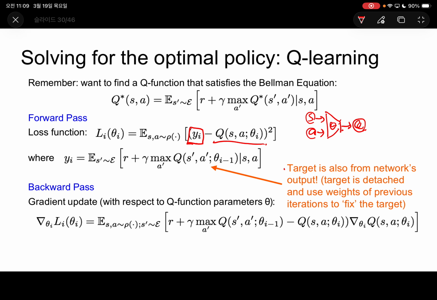But the problem is that we do not know the Q value in advance for all possible combinations of state and action. Of course, if we can pre-compute this Q function in advance, that is good.